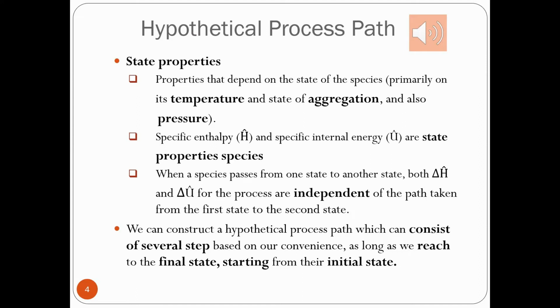The state of aggregation can be its phase: it can be liquid, solid or gas. It also depends on its pressure. As for a mixture of species, it depends on its mole fractions in the mixture. So the state properties do not depend on how the species reached its state.